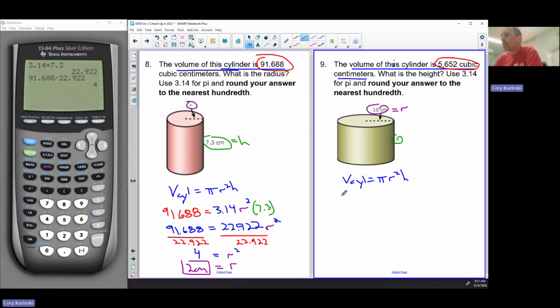Okay, here we go. 5652, that's my volume, equals 3.14 times the radius, 10, squared, times the height.